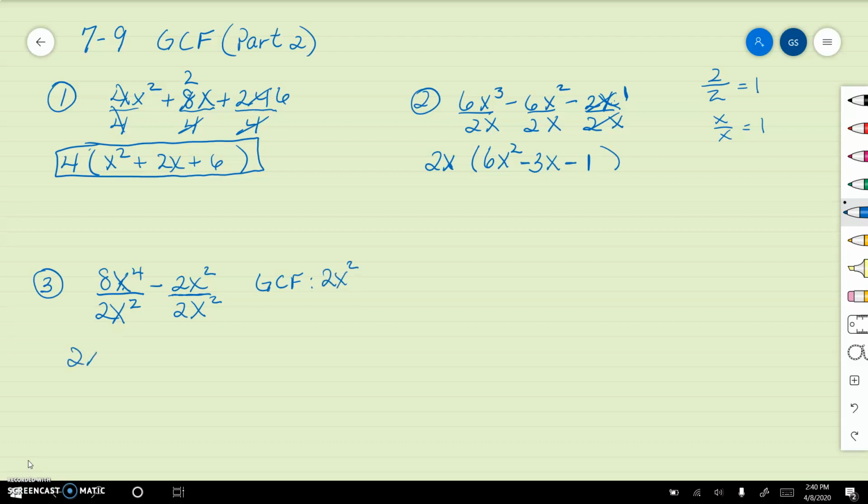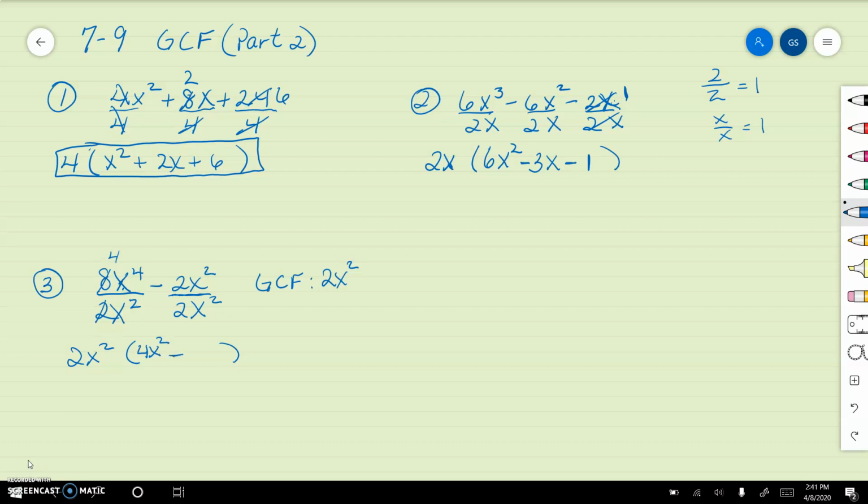2x squared goes on the outside of a set of parentheses. After we divide, what's left is going to go inside the parentheses. So 8 divided by 2 is 4. And x to the fourth divided by x squared is actually x squared. You're taking 4 minus 2. So that's 4x squared that's left over.